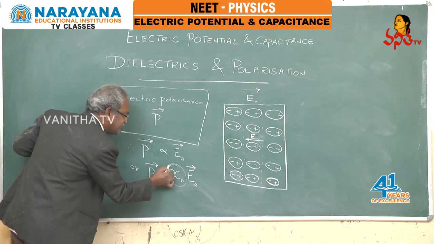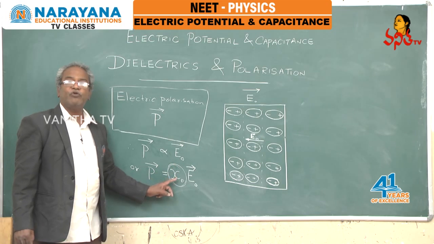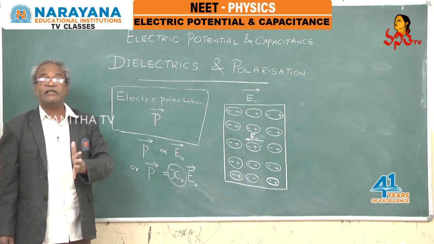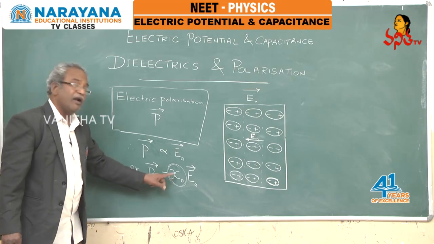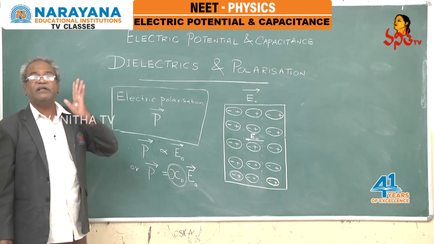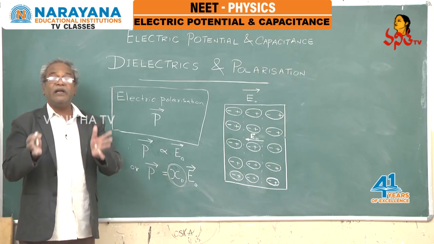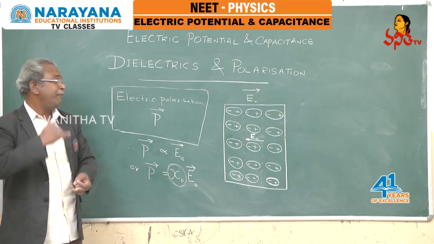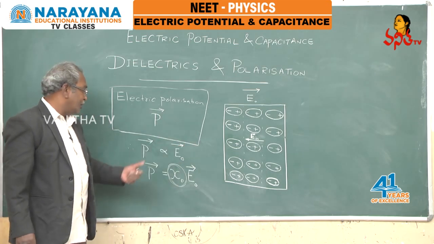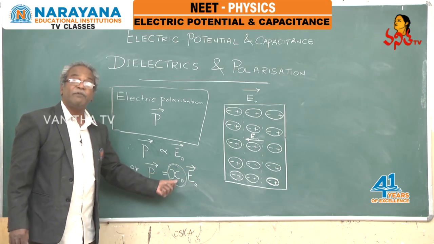Now, chi E is a constant of proportionality, called electric susceptibility. Like magnetic susceptibility in magnetism, this is called electric susceptibility, which is a constant for a given nature of the dielectric, and it indicates the ability of the dielectric medium to be electrified in the direction of the external electric field. So P bar equals chi E into E naught. What is chi E here? Electric susceptibility.